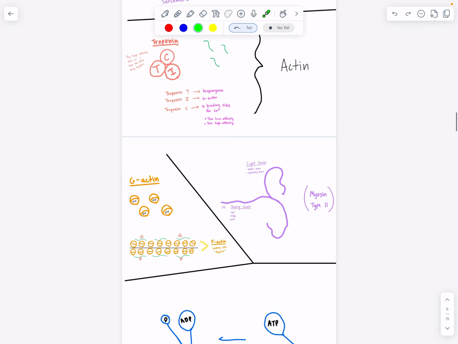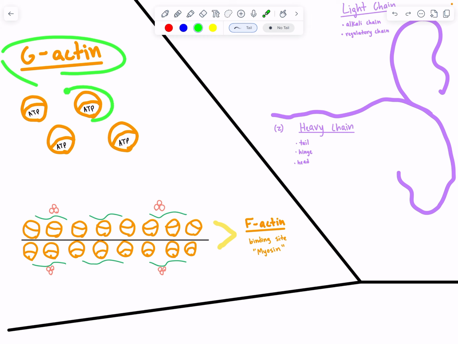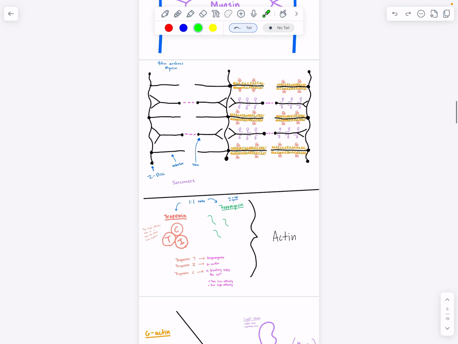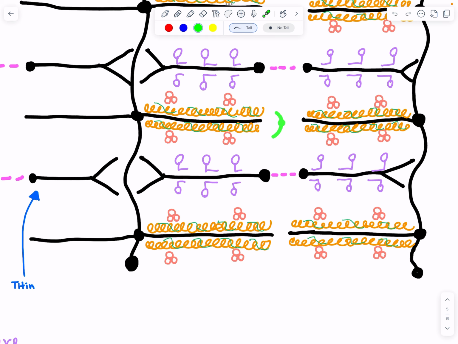So actin is made up of G-actin, which is just individual units. And when they're put together in a row, that's called F-actin. So it creates this kind of helical structure, like what I showed above, right here.